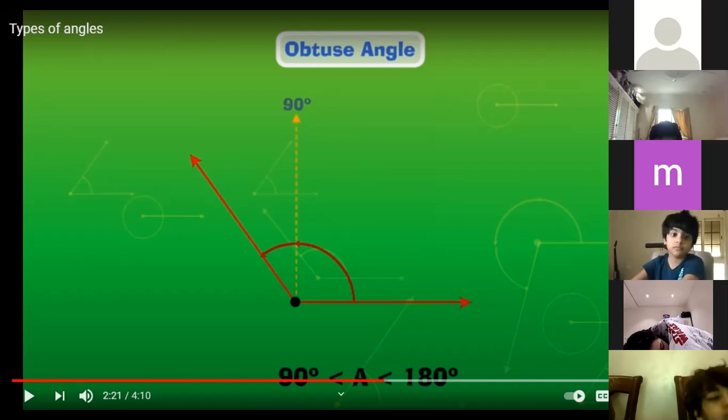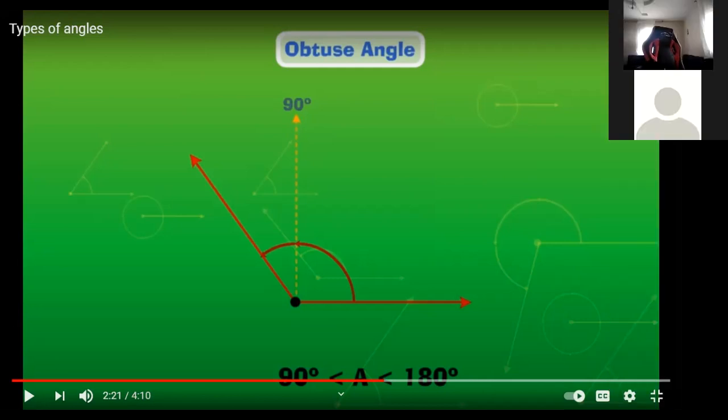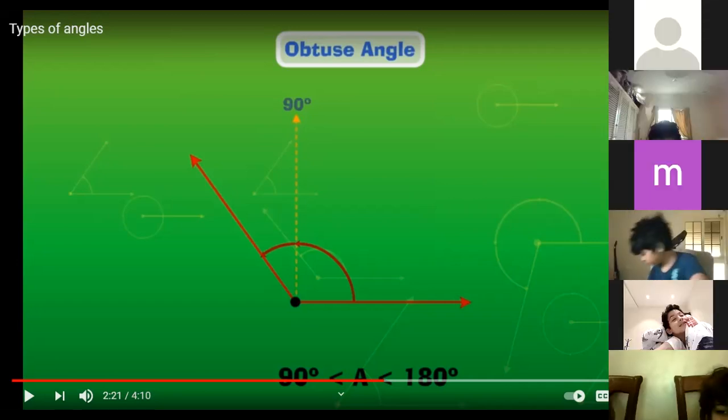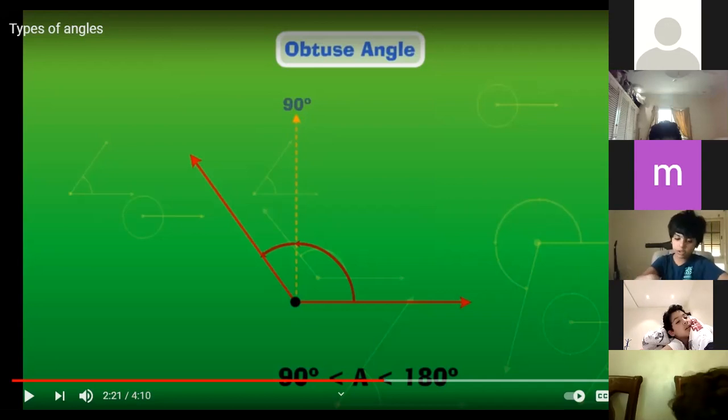Usama, obtuse angle. Omar, Faisal, Omar. Are you sleeping? No. So what is the type of this one?